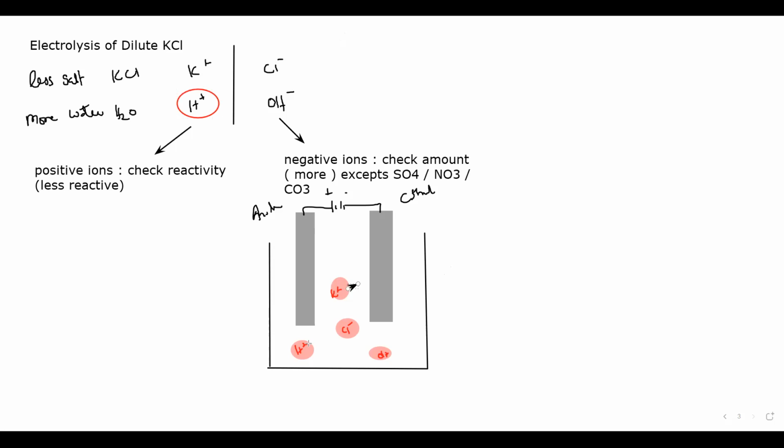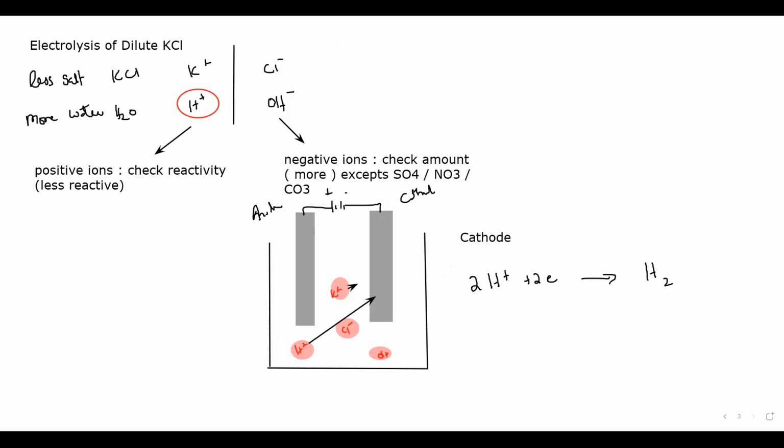Both are attracted, but the one which is able to discharge is hydrogen. Now what will be the equation for the cathode? The hydrogen ions will take electrons and turn into hydrogen atoms. But when two hydrogen ions are there, they will take two electrons and form a hydrogen molecule.